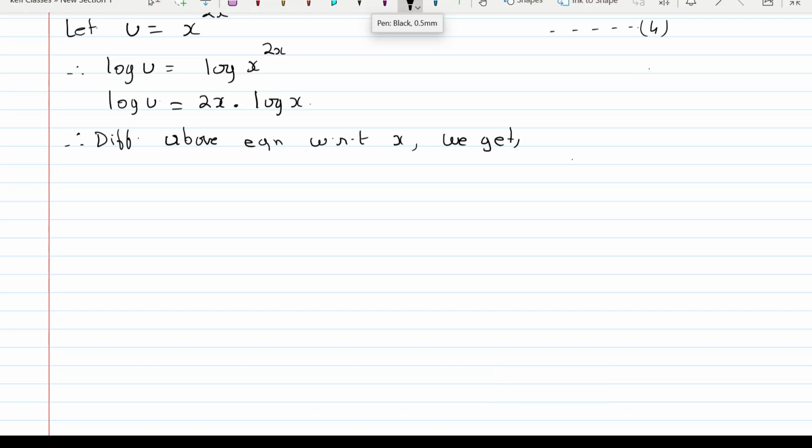ठीक है, and so therefore 1 upon u du by dx is equal to 2 into d by dx of x log x. तो ये ढूंढो अभी d by dx of x log x कितना आता है?